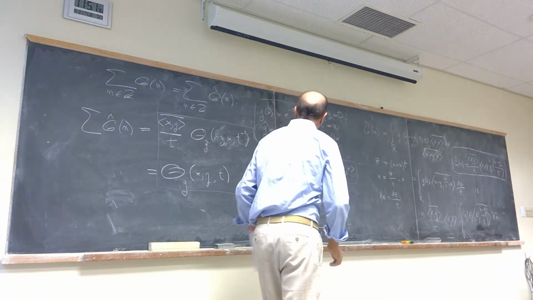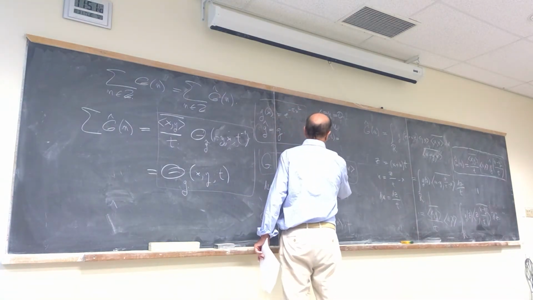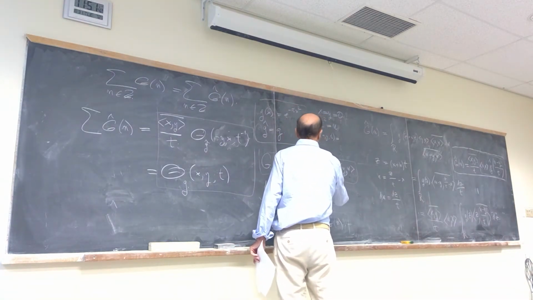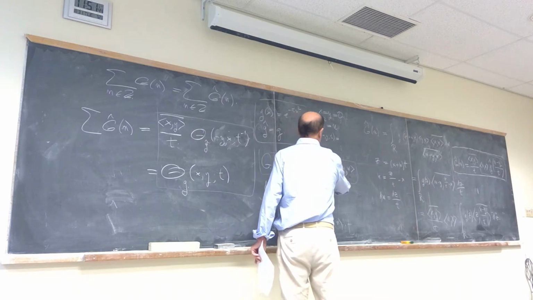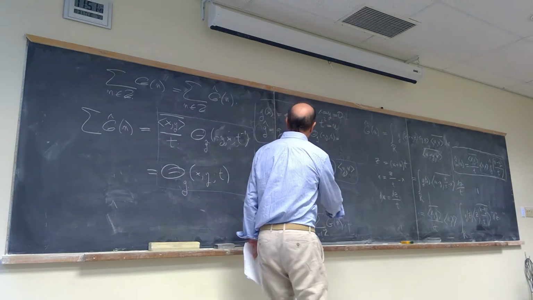Okay, well, I'm not translating by anything, I'm just multiplying by t, so it's g of tw, and then this is the trivial thing because y is equal to 0, and then I sum that over the integers.